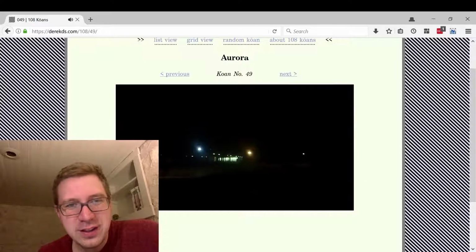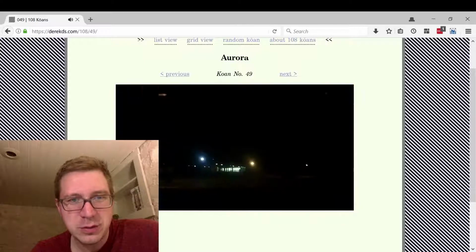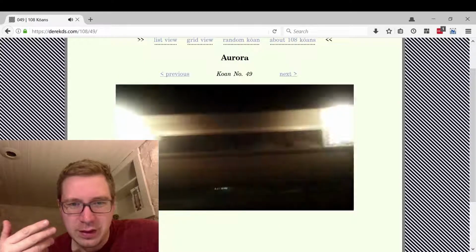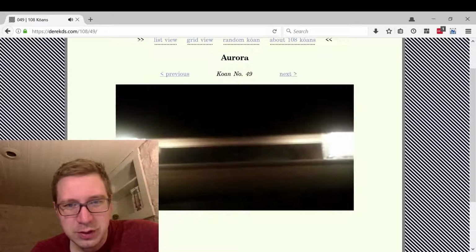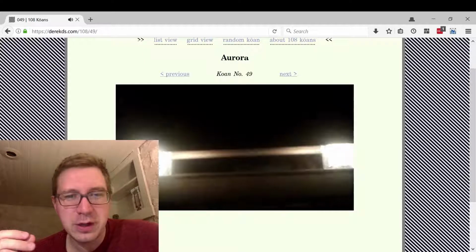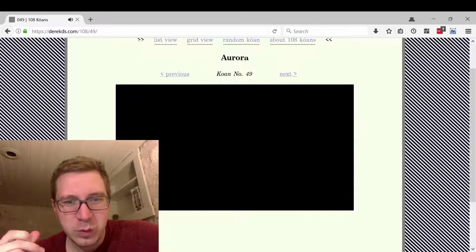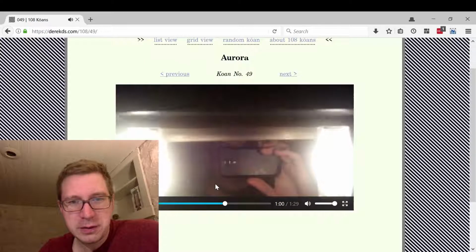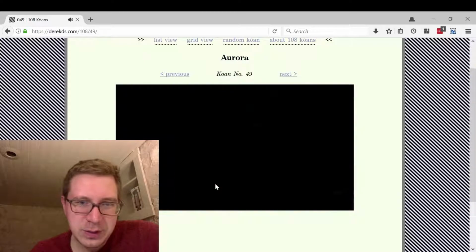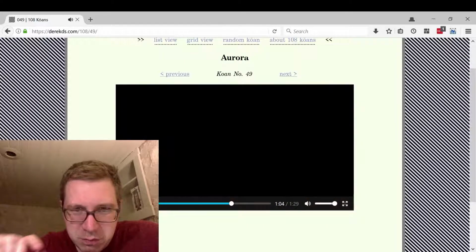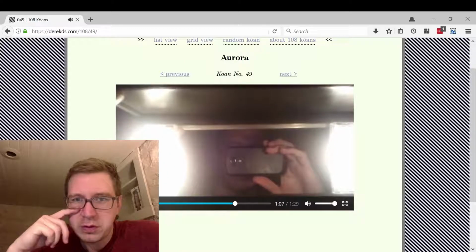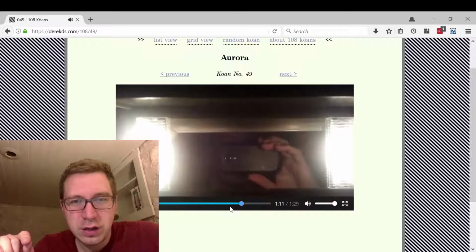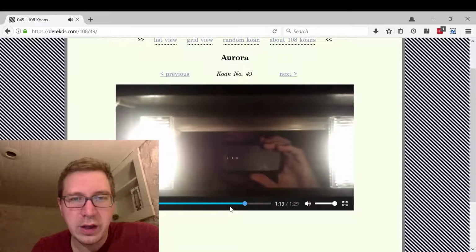I don't know how easy it is for someone to see this and tell what's going on, because obviously I know what's going on here, but I'm not sure how clear it is without an explanation. So basically, you see here, that's me in the mirror holding my cell phone camera up. I'm in the car, just sitting in my car in the parking lot.